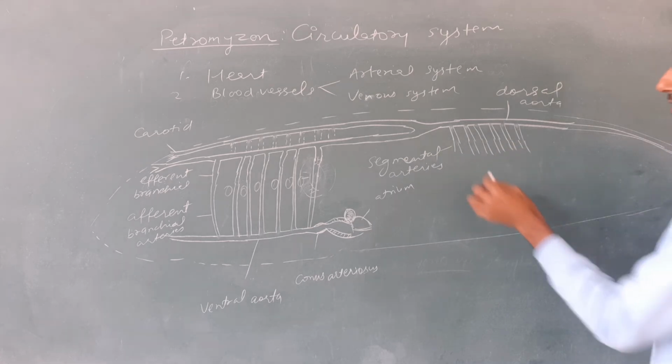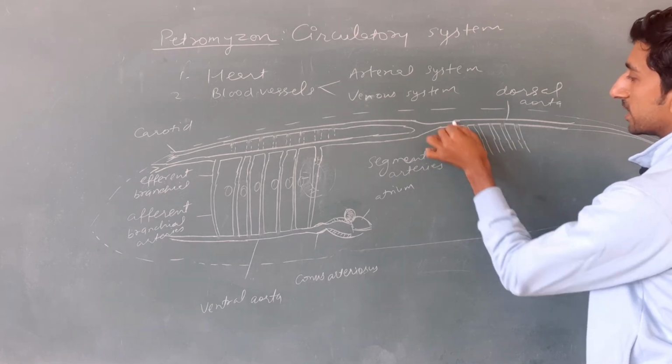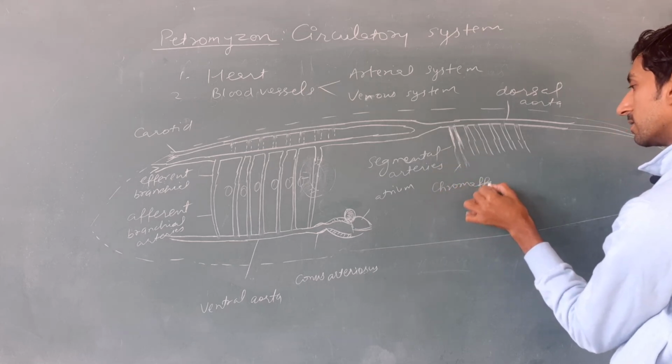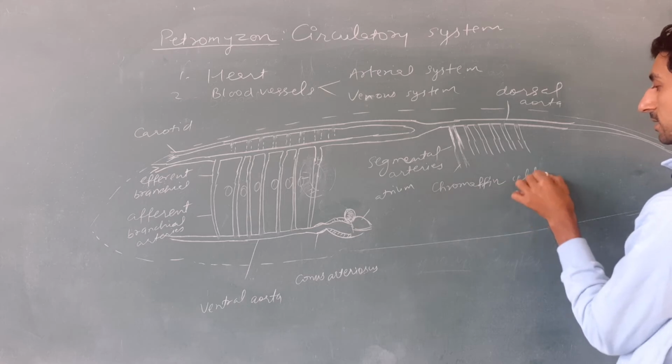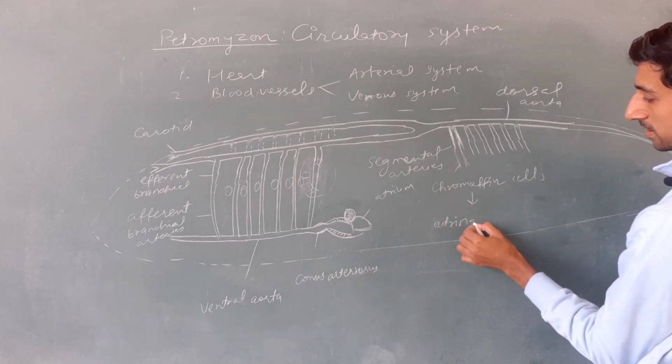In the epithelium of these segmental arteries are present some cells known as chromaffin cells, and these chromaffin cells secrete adrenaline like substance.